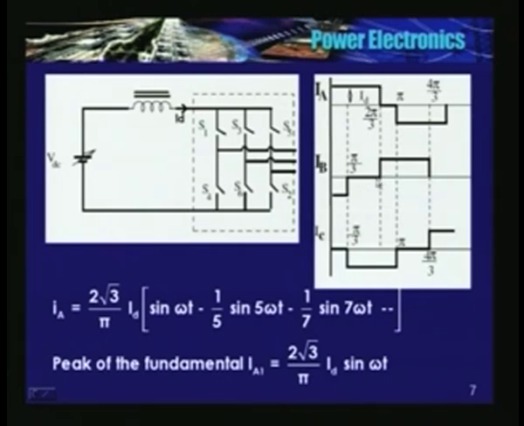S1 turned off, S3 turned on, and it remained on for another 120 degrees. So if S3 turns on here, definitely that phase is off for 60 degrees. And here S6 is on.